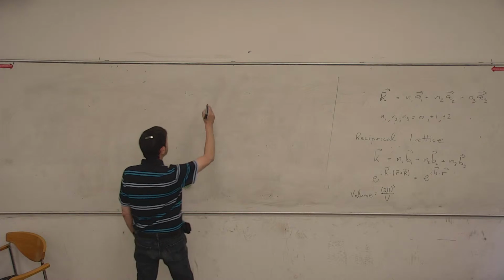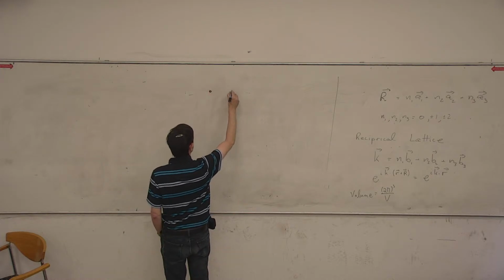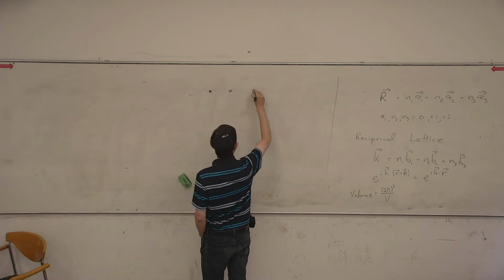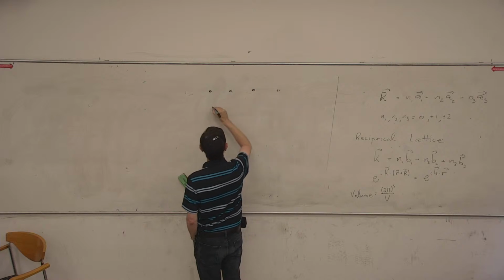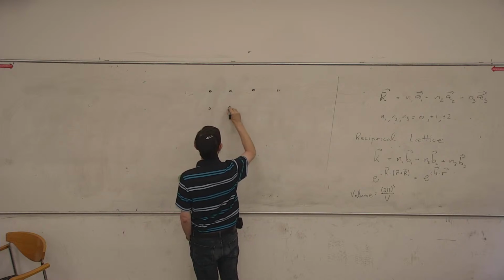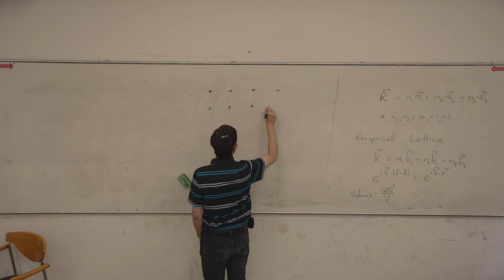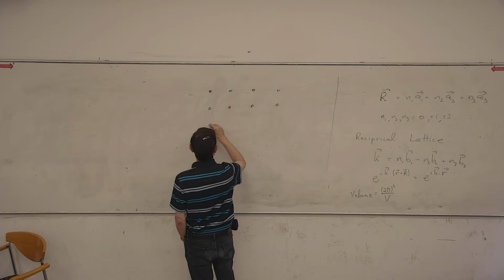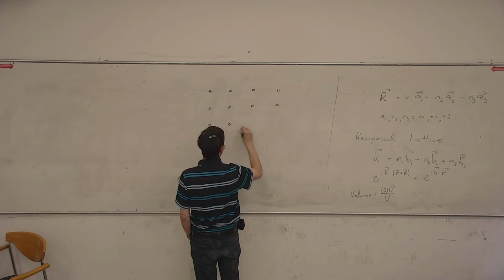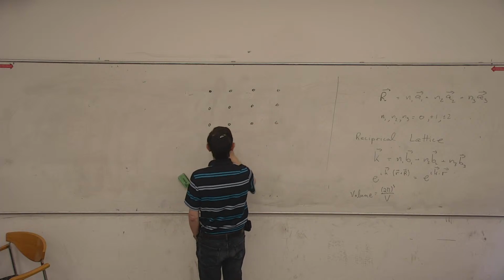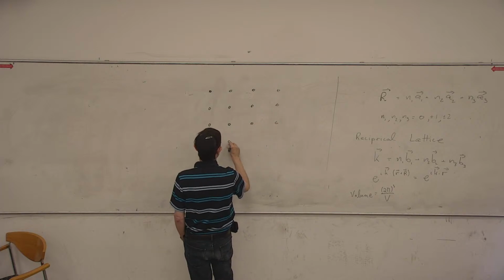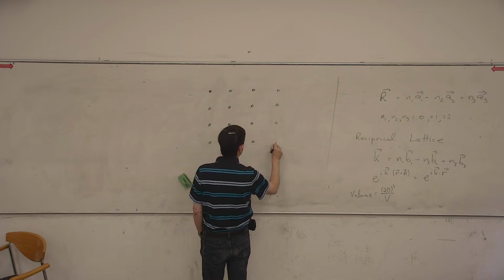Okay, so let's see an example for the easiest two-dimensional case, which is a simple cubic in 2 dimensions.